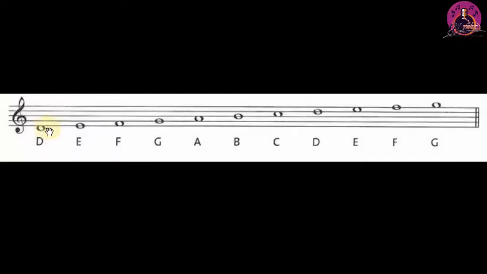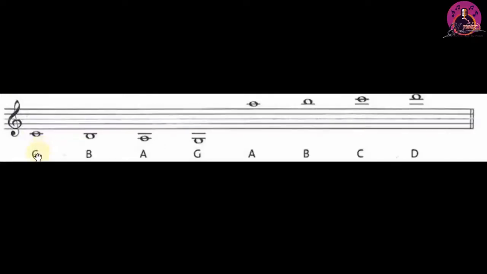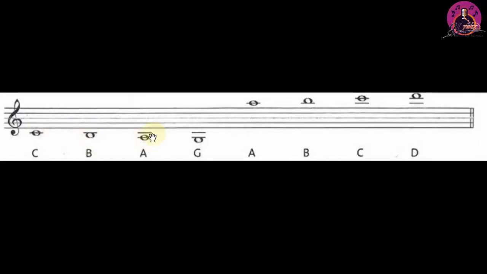Now the letter before E, that's the first line of the treble staff, is D, that's this note here. And then the letter before D is this C, that's the first ledger line below the treble staff. And below that treble ledger line, you see B. Then on the second ledger line, when I say second, I mean I'm counting from the staff.